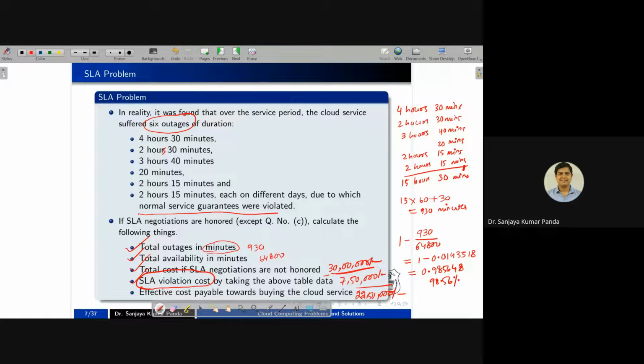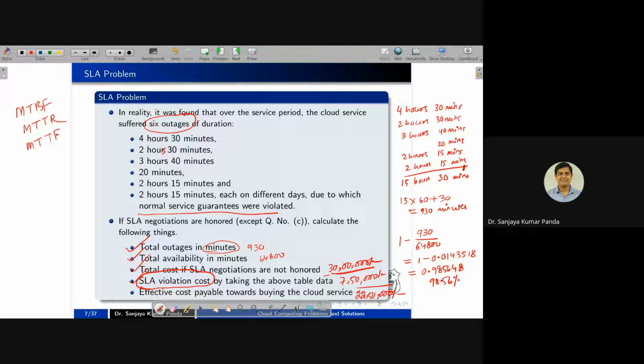Here we are calculating the service level agreement with respect to availability. There are also some formulas with respect to reliability. We have something called mean time between failure, mean time to repair, and mean time to failure.